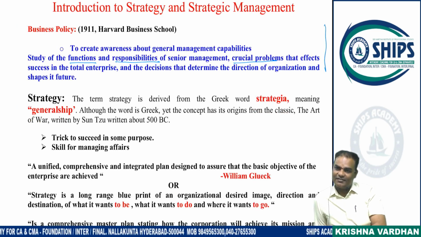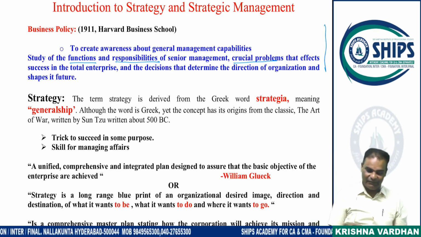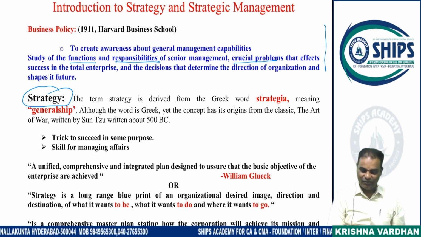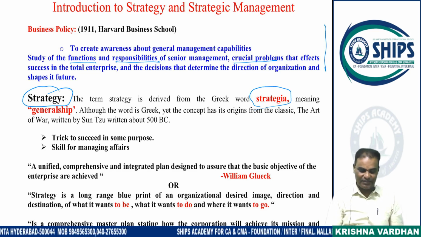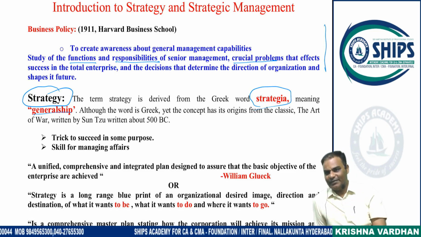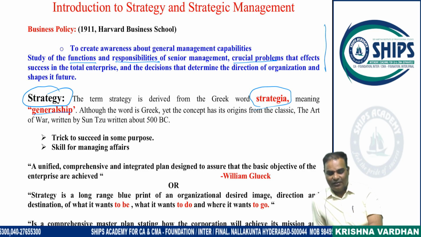Soon after this, World War came into play. World War II. At that time, a word called strategy emerged. Actually, there's a Greek word called strategy, which means generalship. Generalship is something like perception of the enemy, right? Defeating the war enemies.